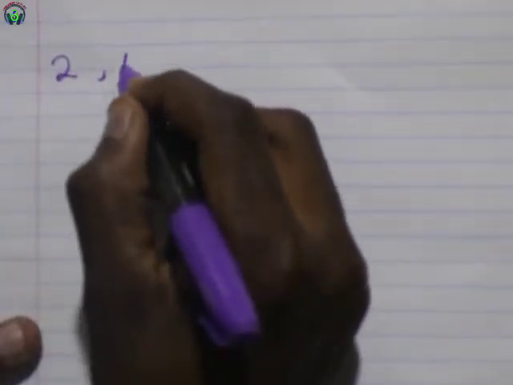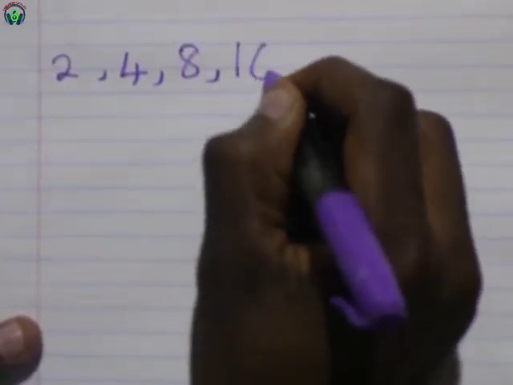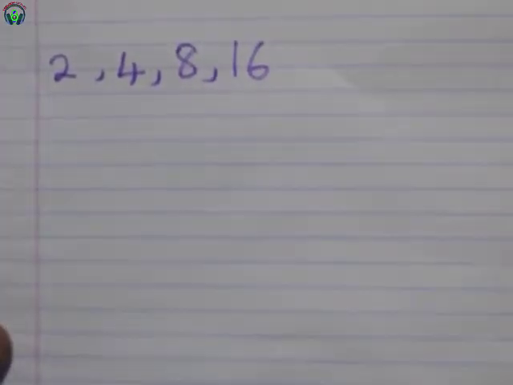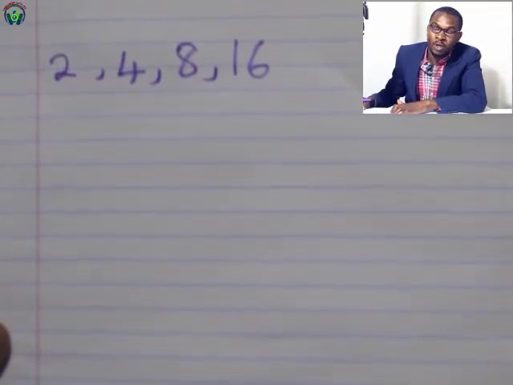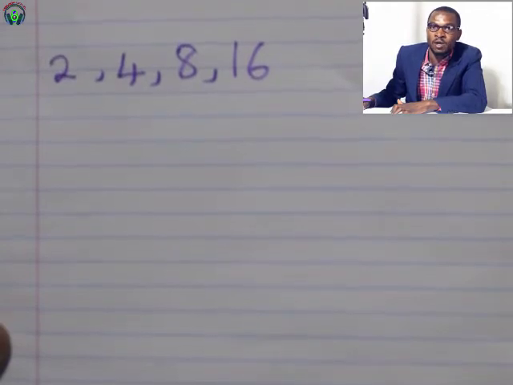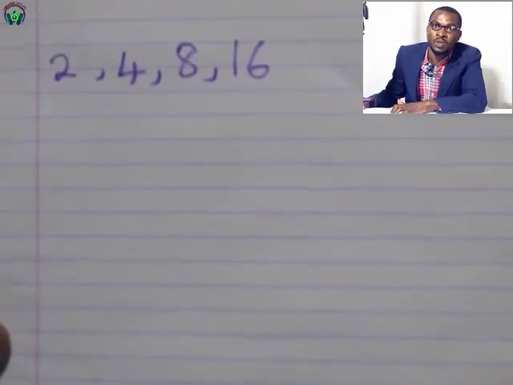Let's take, for example, a sequence like 2, 4, 8, and 16. What makes this sequence geometric is that if you divide the consecutive term by the previous term, it must give you a constant ratio r.